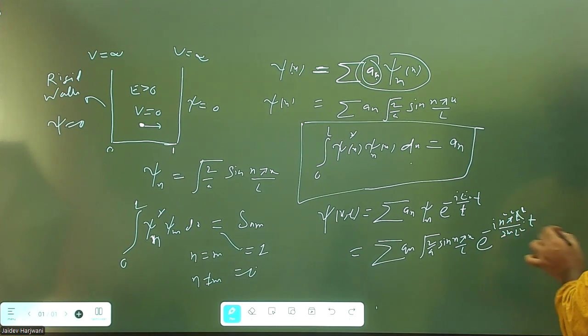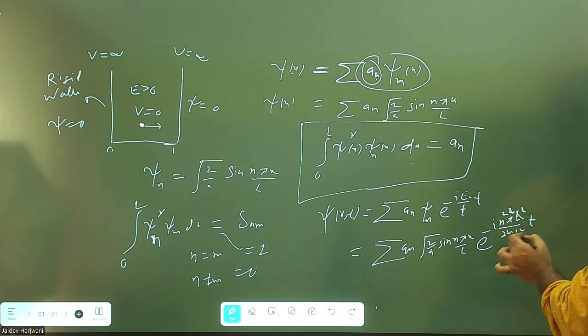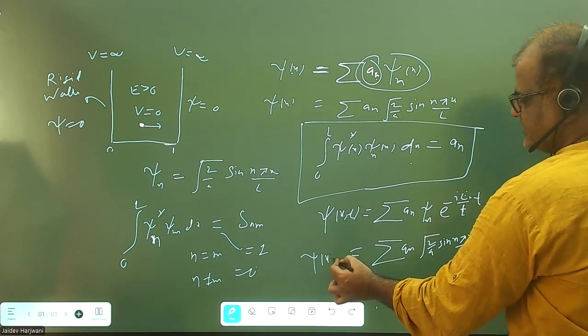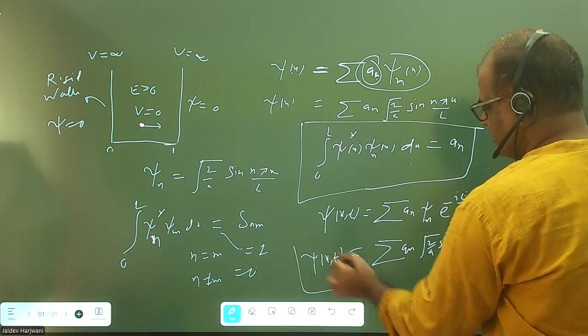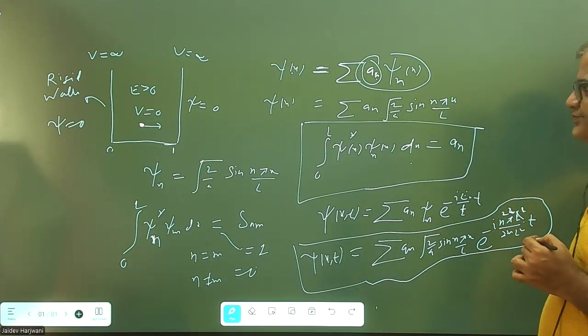The h cut cancels, so n square pi square over 2 m L square t. So these are my stationary state solutions for a particle in a box.